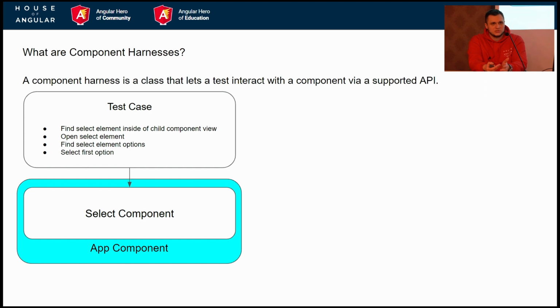So it's the most common interaction, and we will have to repeat it within each of our test cases. What's more, as I said, we depend on some implementation details, so we can imagine what will happen if we were selecting this select element based on a class or something. So if the author of this component changes the class name, each of our component tests will break because there is no such class in scope of the select component.